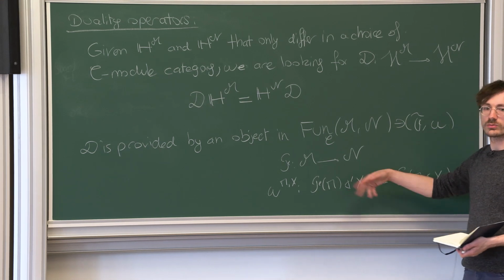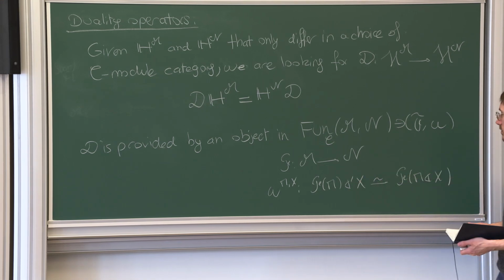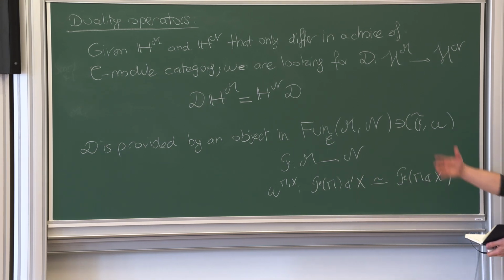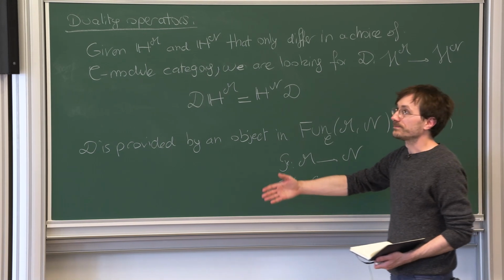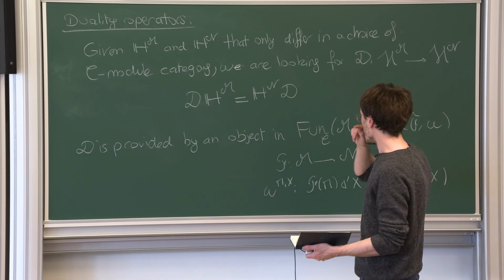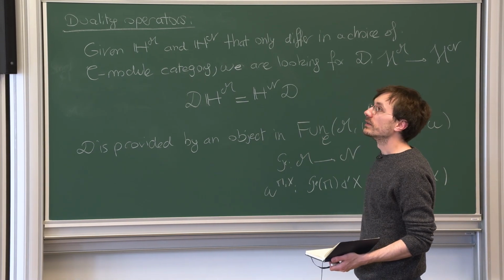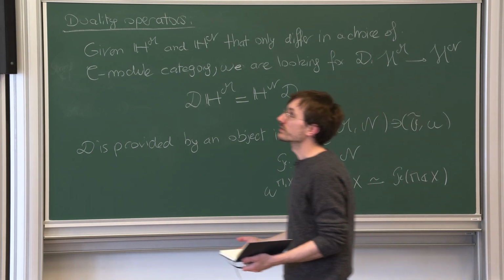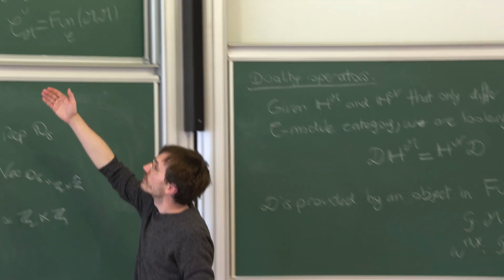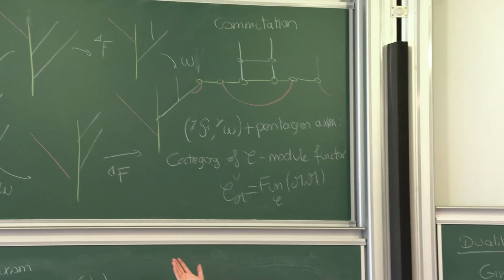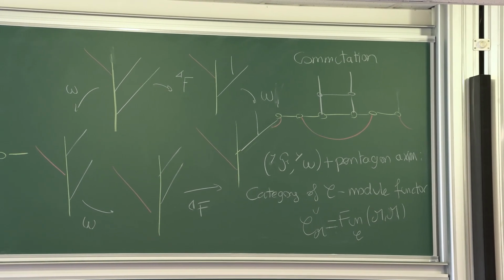I'm using the action prime for whatever is the action in N. This omega must satisfy exactly the same type of conditions. The only difference now is that above and below the red line, these are different types of degrees of freedom.